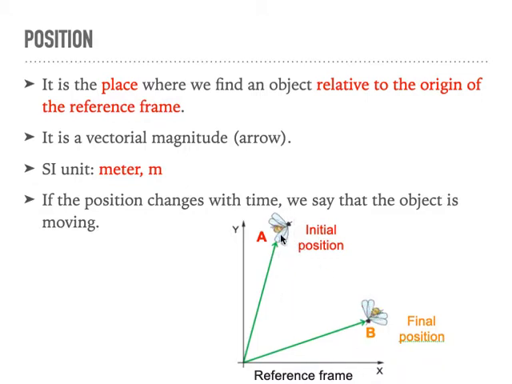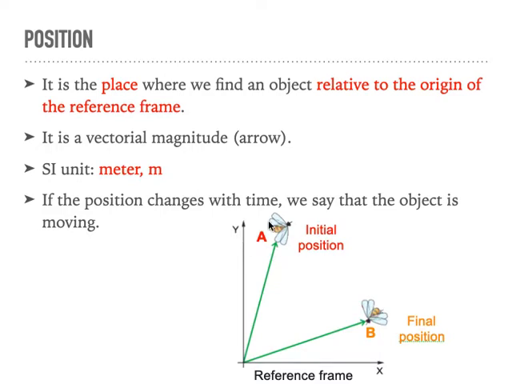And if the fly moves to a final position, this arrow marks the final position. So the arrows here are representing the position of the object along the way that it follows.